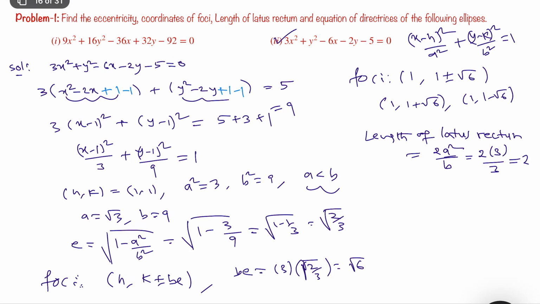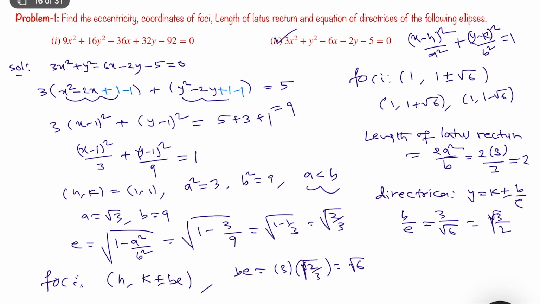Next, equation of directrices. For a less than b case, directrices are going to be two horizontal lines, whose equation is going to be y equal to k plus or minus b by e. First of all, let us see what is b by e. Here b is 3 and e we got root 6. So it's going to be root 3 by root 2, so root 3 by 2.